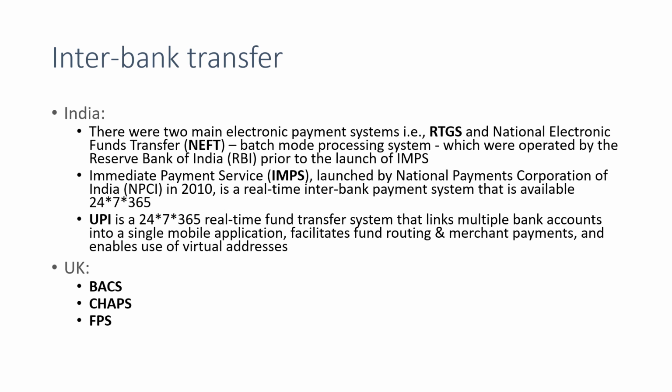IMPS faced some challenges initially because of complexity, especially with the mobile money identifier, MMID, which had to be used to perform transactions. And it came before UPI. And by 2015, there had been a surge in mobile banking solutions, and penetration of smartphones had also picked up by then.